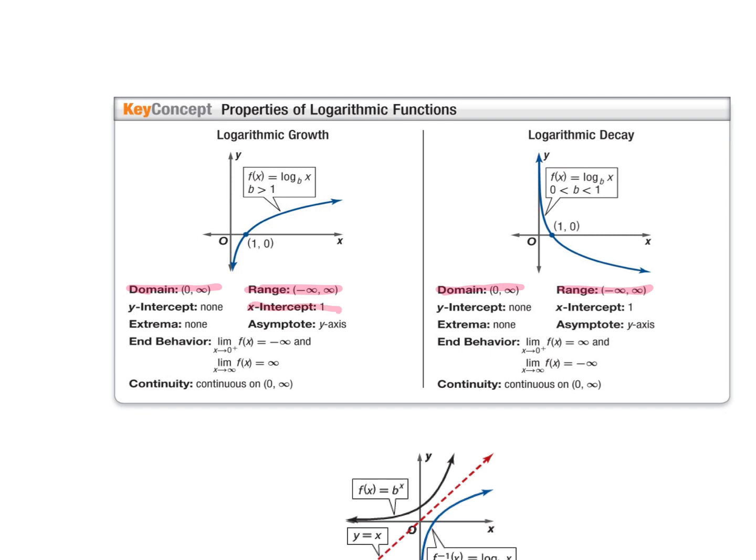Think about where our x-intercept is, and think about where our asymptotes are. Don't worry about that other stuff, but you need a good visual. You don't see logarithmic decay very often. You do every once in a while see a graph of logarithmic decay. For the most part, though, you are going to end up seeing this logarithmic growth.